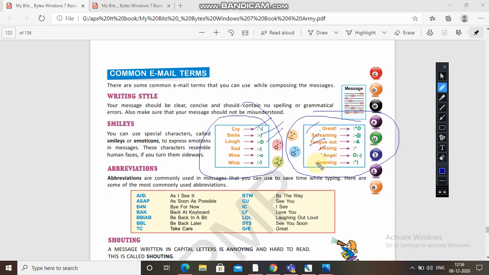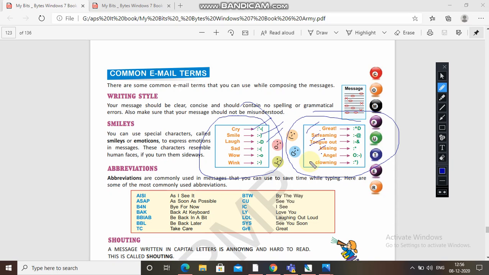Now, abbreviations. Abbreviations are commonly used in messages to save time while typing. Here are some of the most commonly used abbreviations, though there are many more. AISI, as I see it. ASAP, as soon as possible. BAK, back at keyboard.